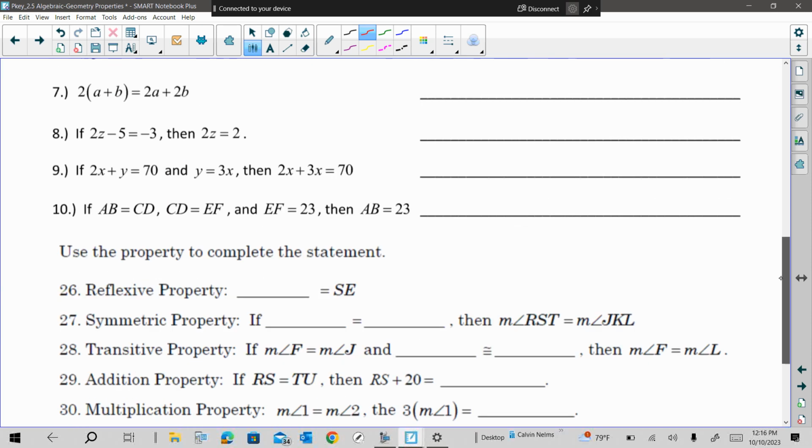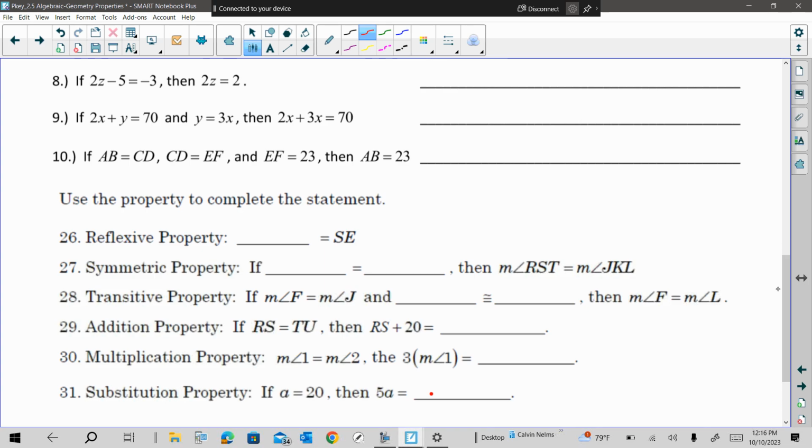The last section, this is different right here. It says use the property stated. So in this section, they're going to state what property they want you to use, and they want you to use that property to fill in the blank. If it's a reflexive property, it's a mirror image. Yeah, SE equals SE, exactly.